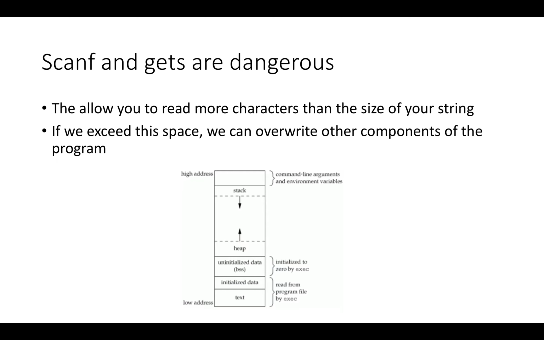The problem with scanf and gets is that they allow you to read more characters than the size of your buffer, your character array, your string. If you allow them to read in unlimited numbers of characters, you can start to overwrite other parts of your program. We looked at that before when I just typed a bunch of A's into scanf, and that started to overwrite other components of the program, and that resulted in a segmentation fault.